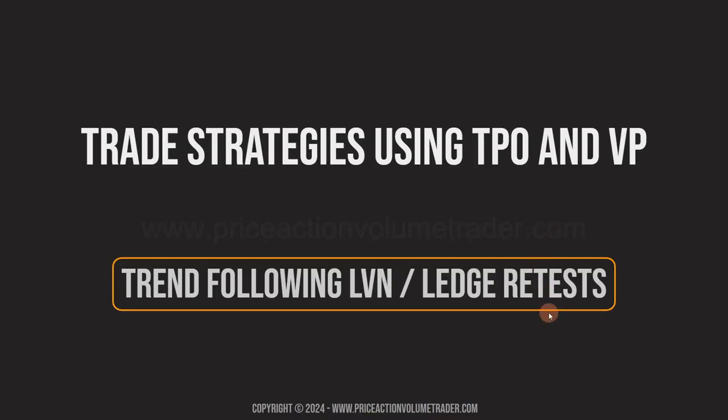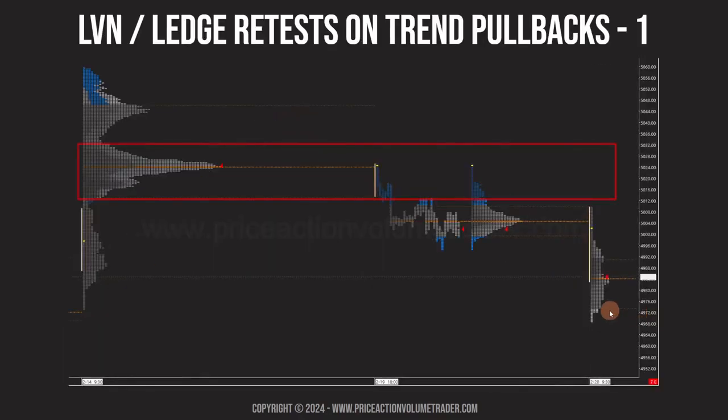So again, the general rule of thumb: when we are in uptrends, we want to be looking to get long on pullbacks into the bottom edges of high volume nodes. And when we're in downtrends, we want to look to get short on retests of the top edges of high volume nodes.